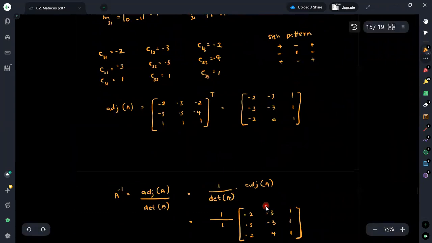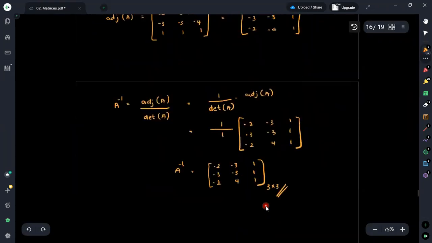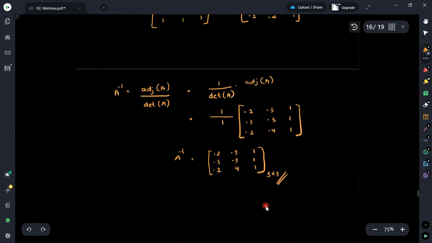Then this becomes -4, -4. For the final answer also, this should be correct. There was a mistake in the calculation, and it is now corrected. Therefore, this should be the final answer for obtaining A inverse.